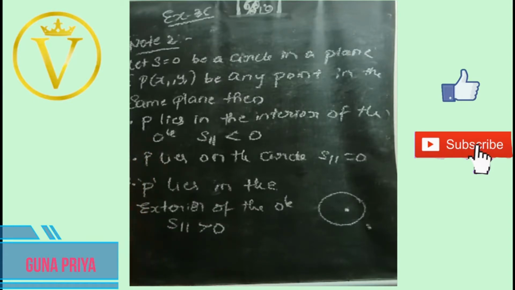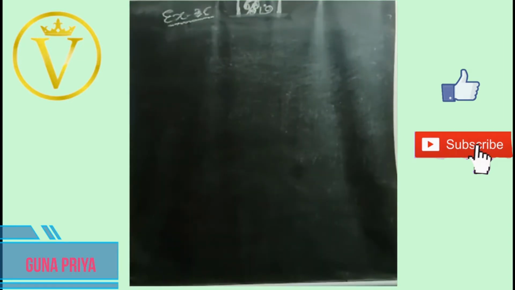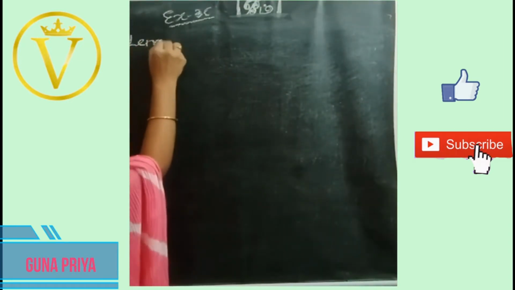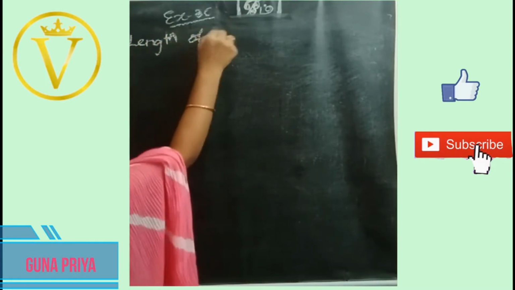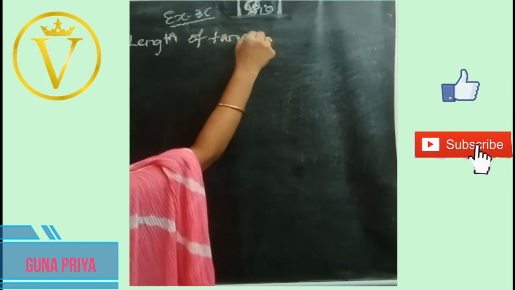If the point is in the interior, S11 is less than 0; if a point is on the circle, S11 is equal to 0; if it is exterior, S11 is greater than 0. And there is another note, note 3, that is the length of tangent formula.